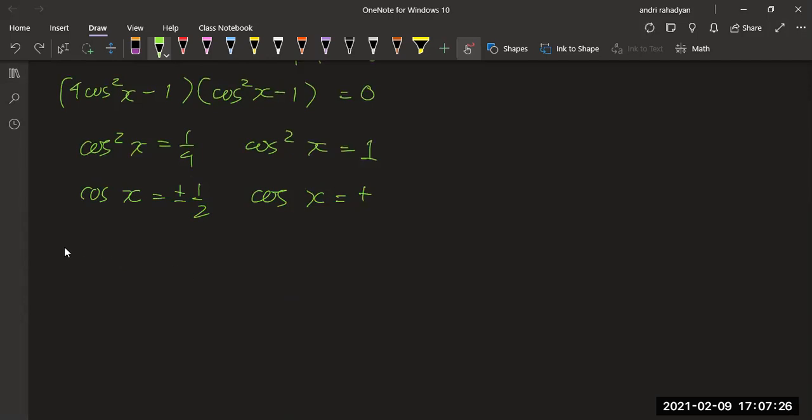For cosine of x equals 1/2, x is 60 degrees, since cos 60 is 1/2, and what else? 300, right? First quadrant and fourth quadrant. Or in radians, pi over 3 and 5 pi over 3.